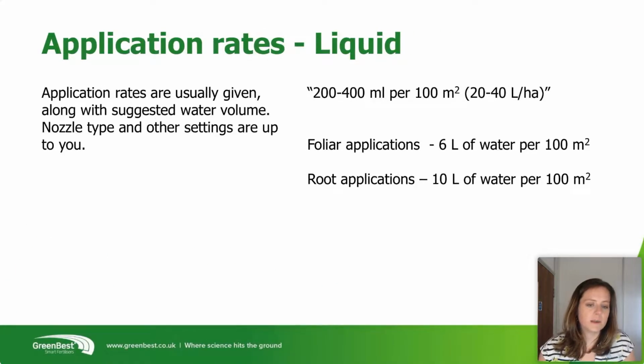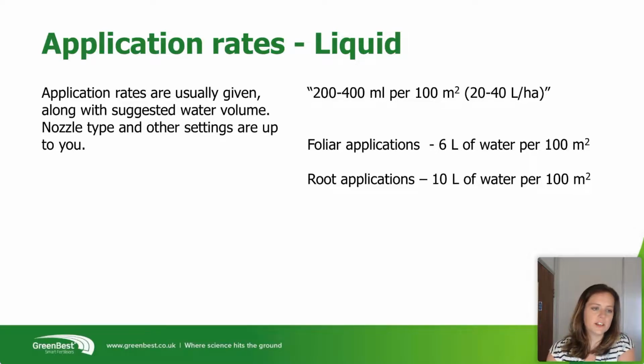So when we do application rates, you'll always find application rates for fertilizers on the labels. Every fertilizer by law has to have a label on it, and one of those things it has to have on the label is the analysis table that we looked at the very beginning, where it says the amount of NPK and whatever else is in there. It will also have application rates on there.